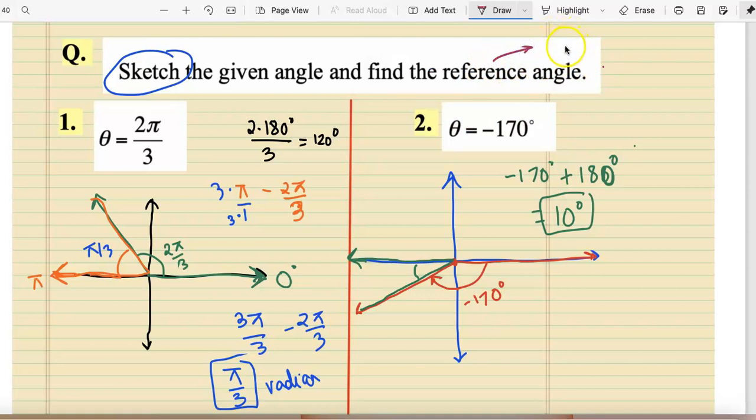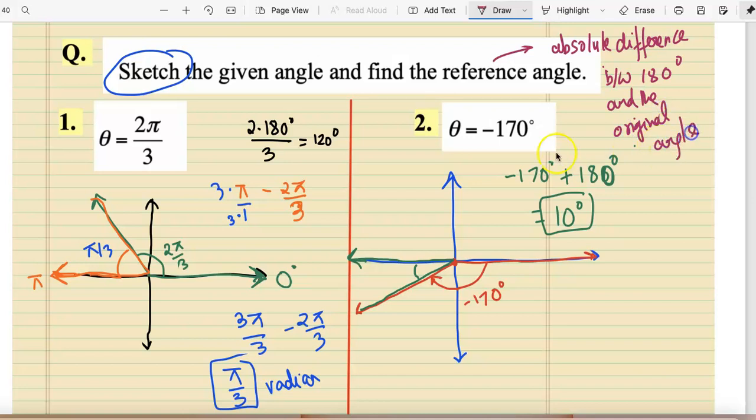It is the absolute difference, absolute value, always positive, between 180 degrees and the original angle. So if I was doing this, I should have done it like this. In this case, it will be positive 10 degrees. Okay, so I apologize for that.